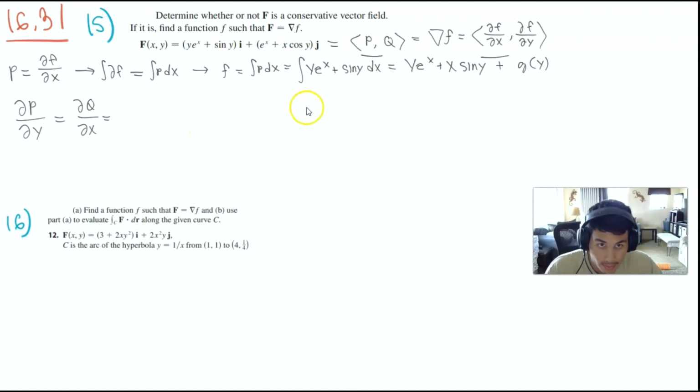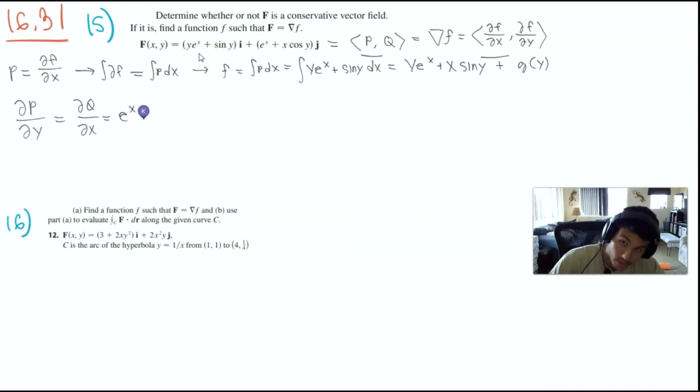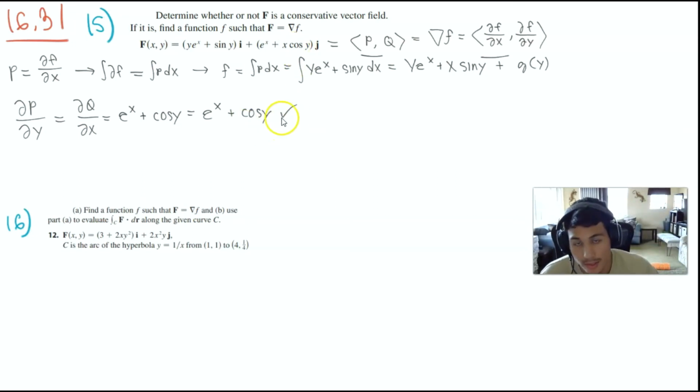Okay. dP/dy is, so we take this thing with respect to y, which is e to the x plus cosine y. And then we take this thing with respect to x, which is e to the x plus cosine y. And then they're equal. Okay, so that's true. So it is conservative.